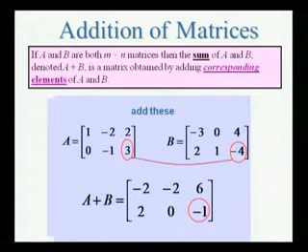So in this way we can add two matrices by adding corresponding elements. And note that we can add only two matrices which have the same number of rows and the same number of columns.